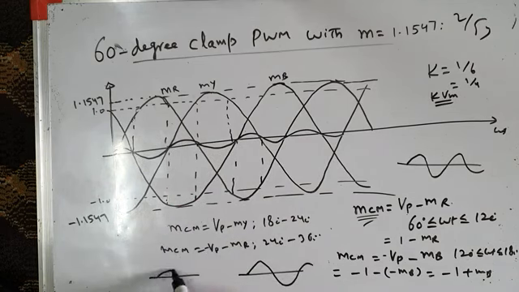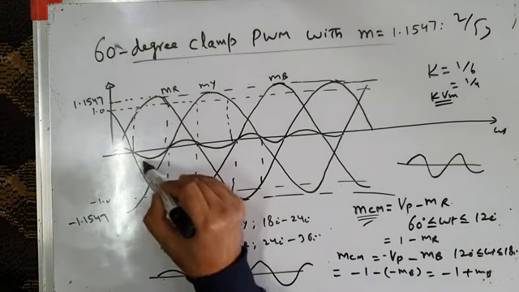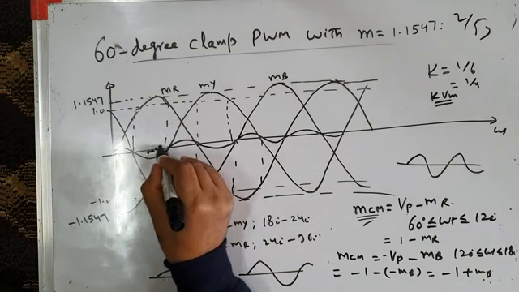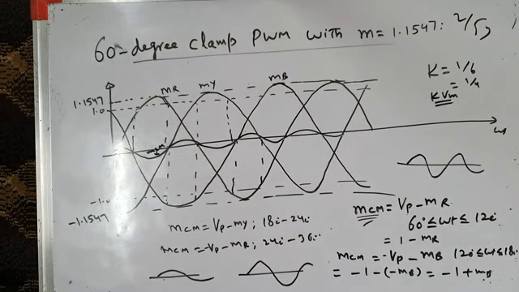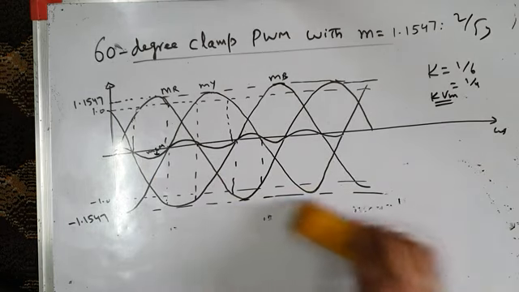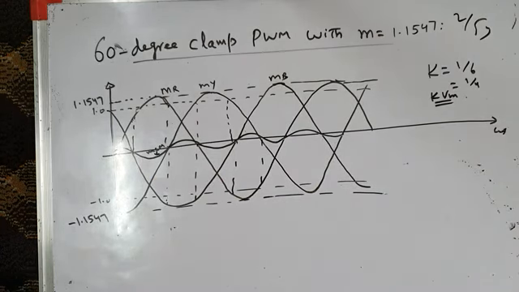It is something like this. It is not a 100% sinusoidal wave. So this is my MCM, common mode signal. Although it looks similar to third harmonic injected PWM, it is actually not third harmonic injected PWM.